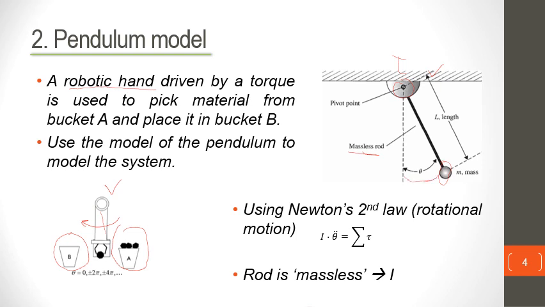By Newton's second law of motion, we know that the sum of torques is equal to the moment of inertia times angular acceleration. Since we have made an assumption, like I said, that the rod is massless, it simplifies our calculation for the moment of inertia.